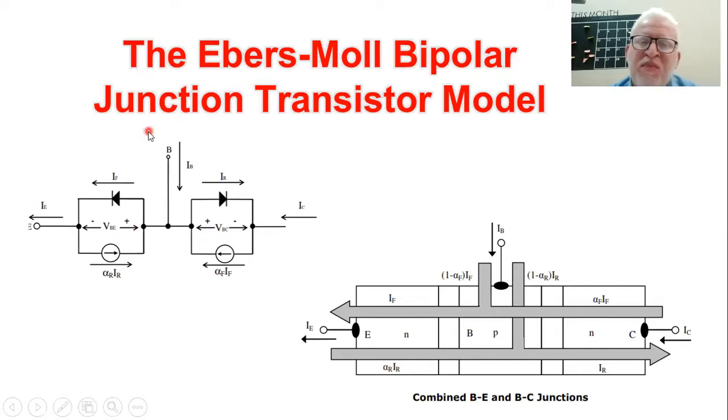So you can track the path of the current for any mode out of these four modes using this simplified Ebers-Moll bipolar junction transistor model. Okay, what is next? In the next stage, my dear students, we are going to plot the electron and hole carrier concentrations with respect to the NPN model.